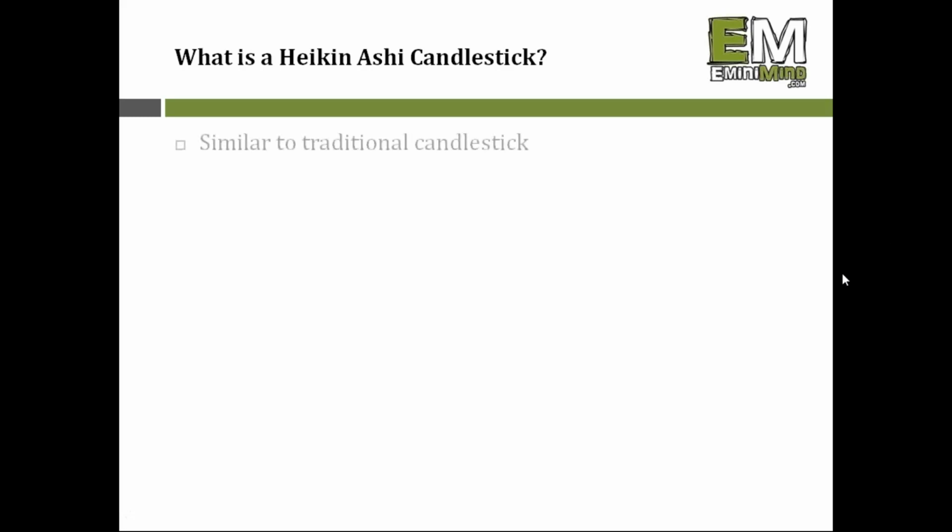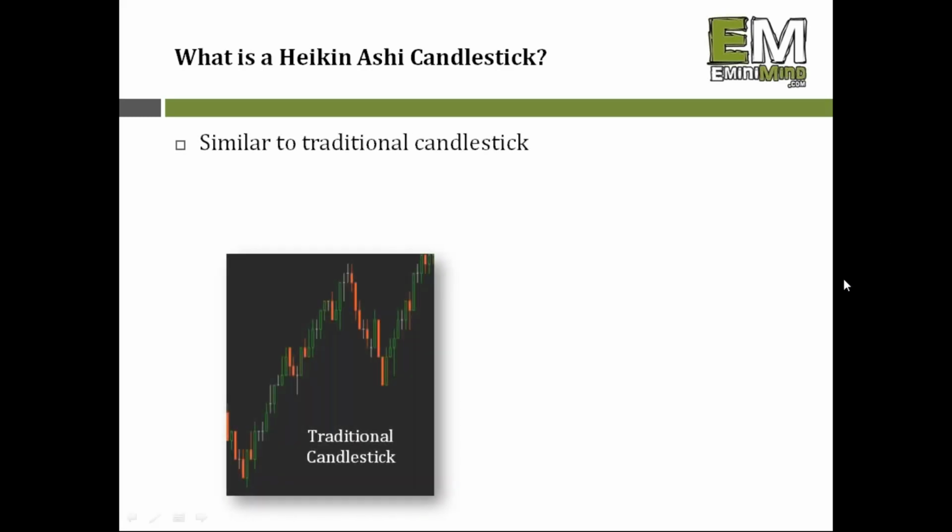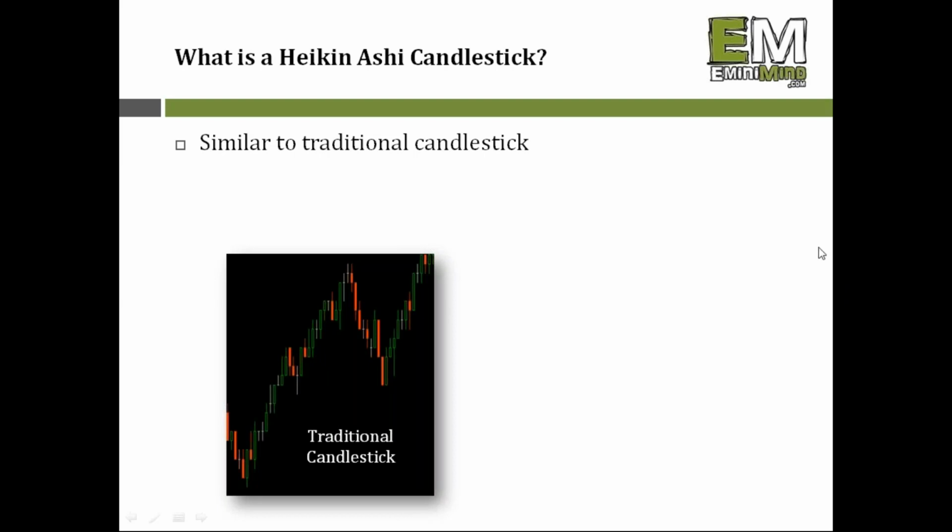So it's similar, and we'll look at two side by side. The traditional candlestick is made up of an open, high, low, and close. With a Heikin Ashi candlestick, this slight variation, the open price starts from the midpoint of the prior candle.